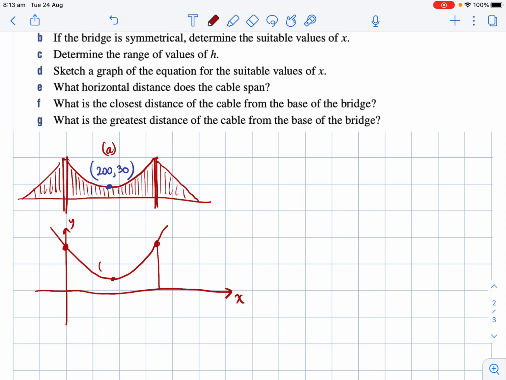Now, I know that this is going to be 300 in the middle. Now, there's nothing to say that I couldn't make the bridge go further out here, but I'm just going to use the assumption that, let's say that the y-axis is going to be one of the pillars of my bridge, and we're going to use that as my suitable x values.